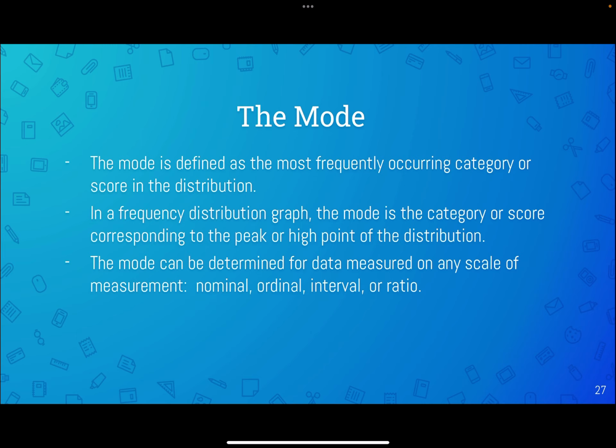The mode is the most repeated one. It is the most frequently occurring category or score, and it means it is the peak or the high point of the distribution. The mode can be computed for any variable: nominal, ordinal, interval, or ratio.